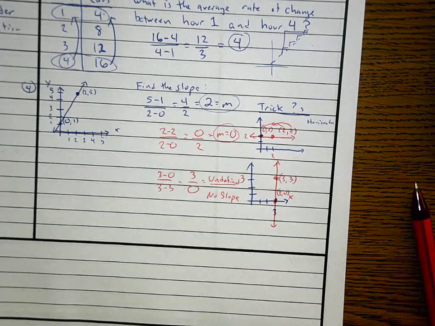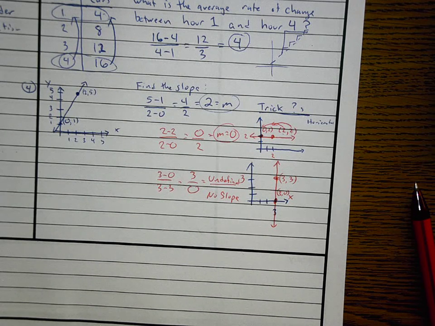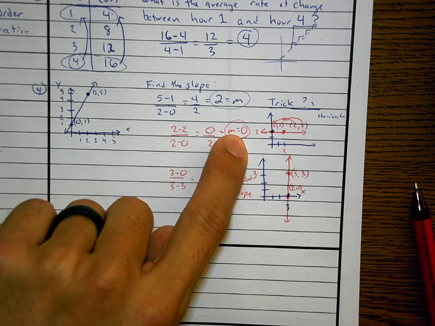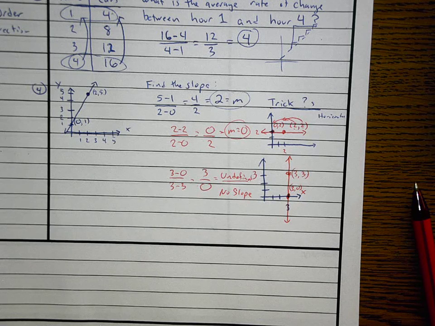If you put your thumbs down like this and your thumbs up like this, 0 on top is okay to have. You can have a slope of 0. 0 on bottom is no way. You cannot have a slope where you're dividing by 0. It's undefined. It doesn't exist.